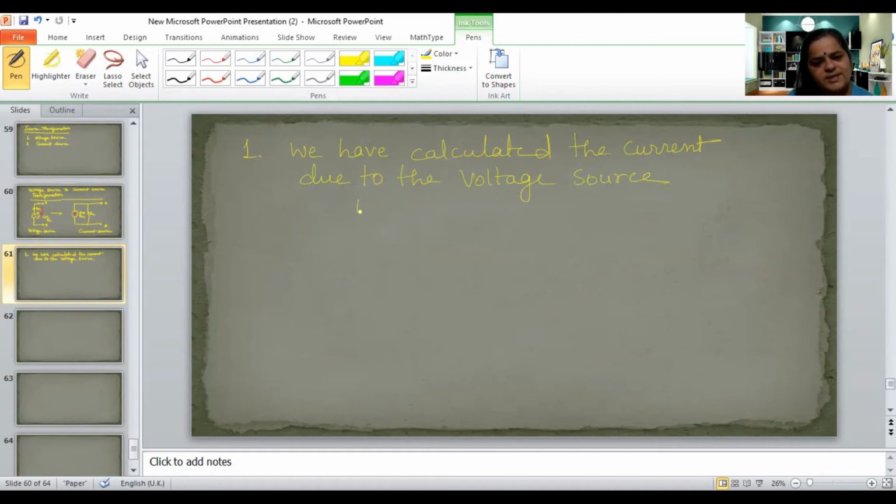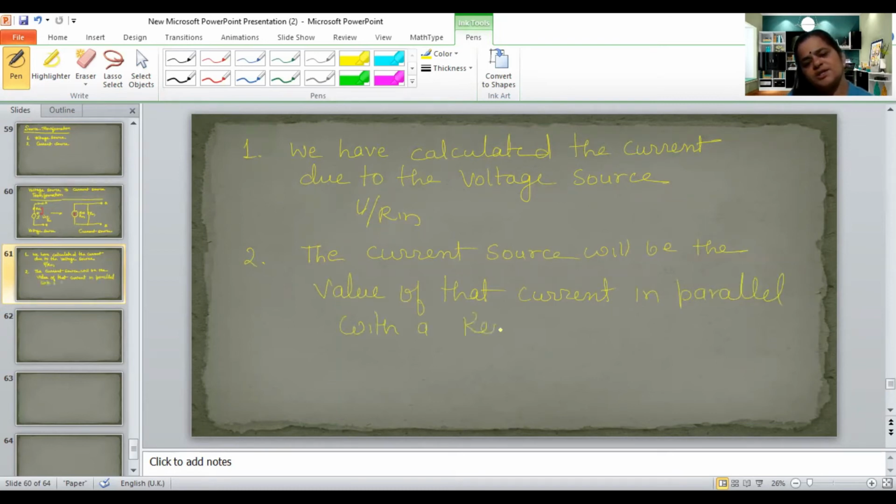In this case that was V by Rin. Then the current source will be the value of that current in parallel with the resistance Rin.